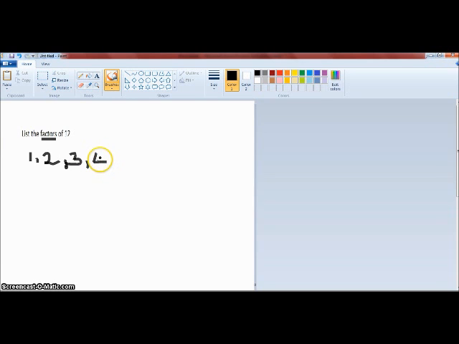4 itself. Because if 3 goes into 12 4 times, it simply means 4 goes into 12 3 times. How about 5? No. If you try to take 5 into 12, it goes in 2 times, but it leaves a remainder of 2, so that's not a factor.